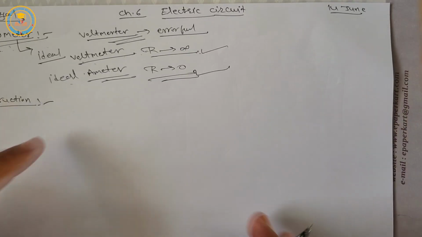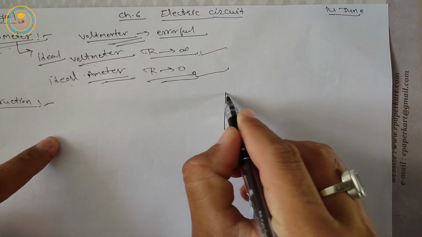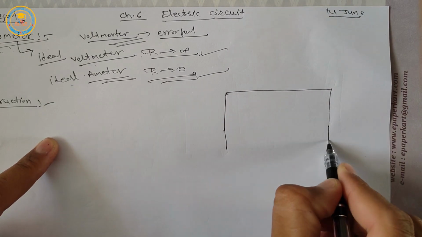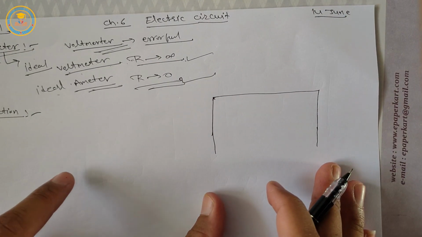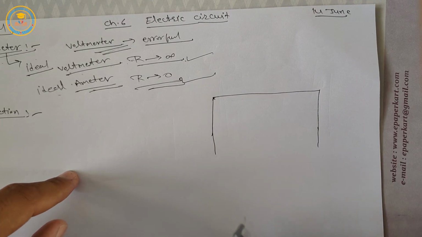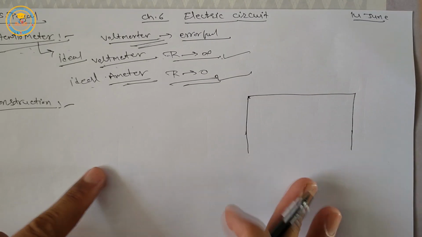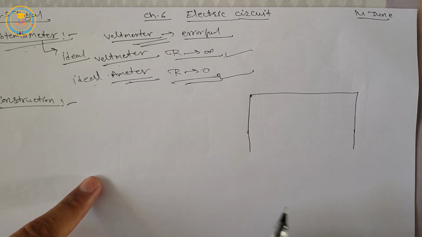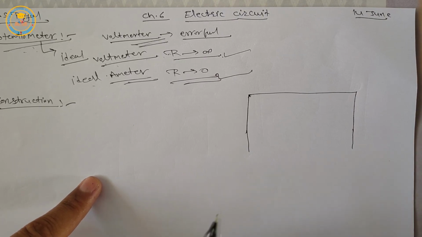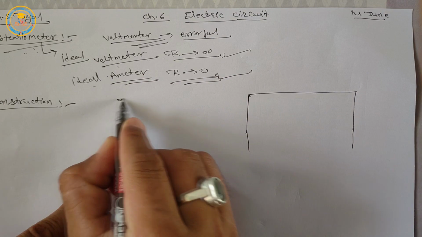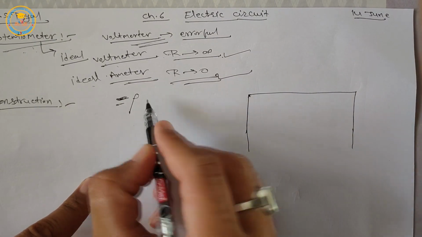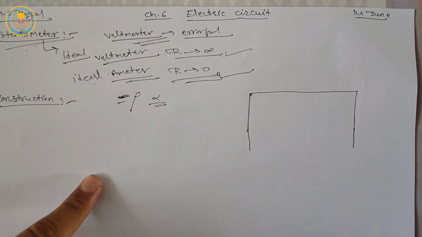Again we have a wooden box. This is a wooden box. Here a 10-meter long wire which is made of manganin or constantan, with a high specific resistance rho and a low temperature coefficient alpha.